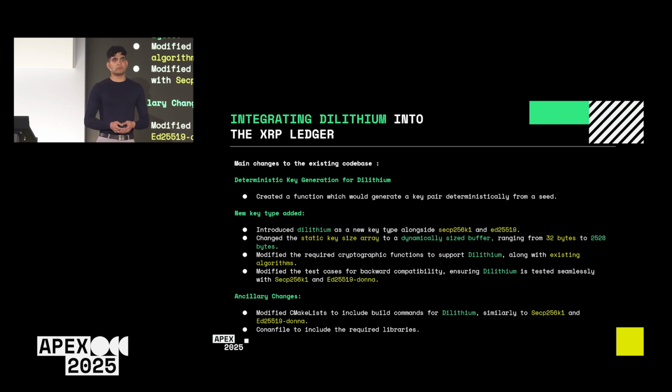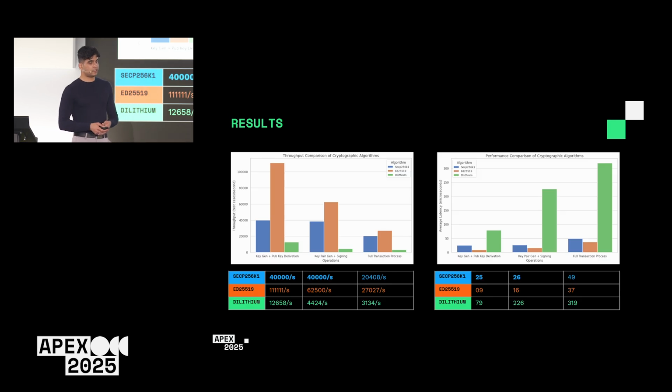Now, let's take a look at the throughput comparison and latency comparison between all the three algorithms over some key cryptographic operations and a full transaction process. On my left-hand side, we can see a throughput comparison between all the three algorithms.